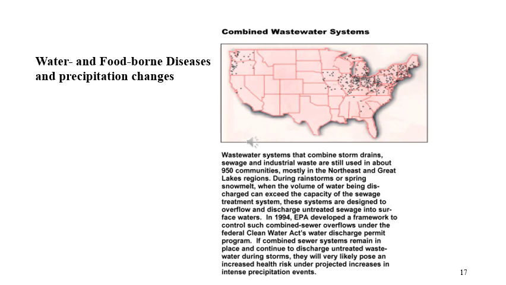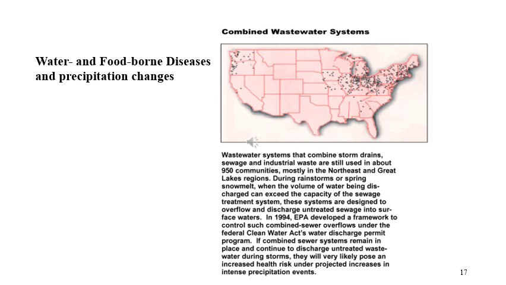Wastewater systems that combine storm drains, sewage, and industrial waste are still used in many older communities, especially in the Northeast and in the Great Lakes regions, where we have many relatively old cities, right? And these old cities have old infrastructure.